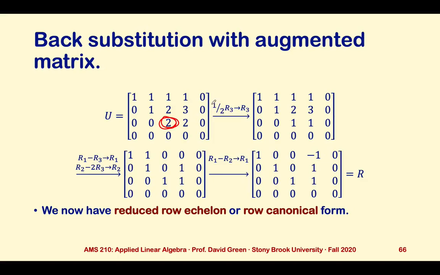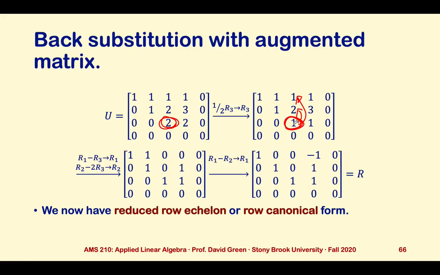We multiply this row by a half, very simple, and we get 0, 0, 1, 1, 0 instead of 0, 0, 2, 2, 0. The advantage of having this pivot now being a 1 means that the scaling factor we need to use this to eliminate upwards becomes a lot easier. It's just this number.